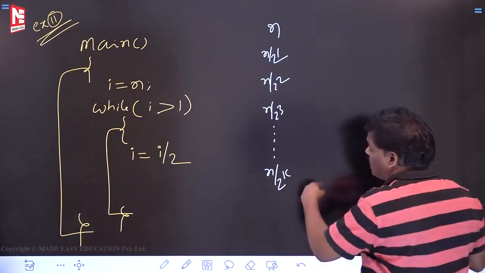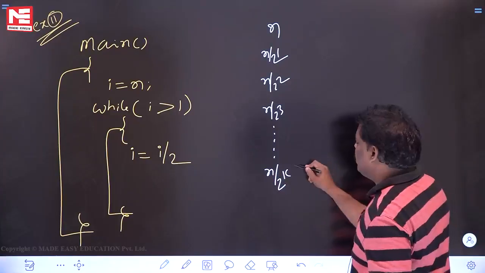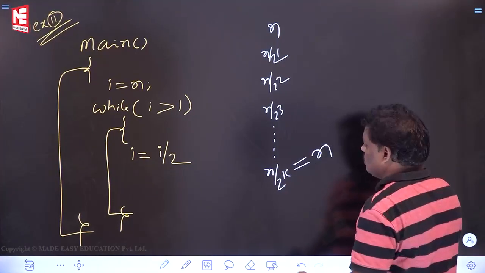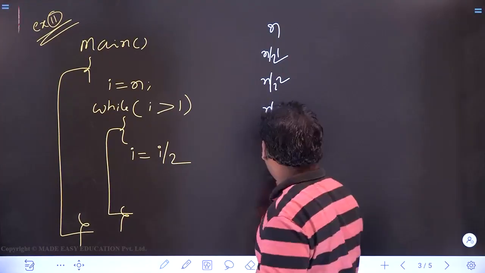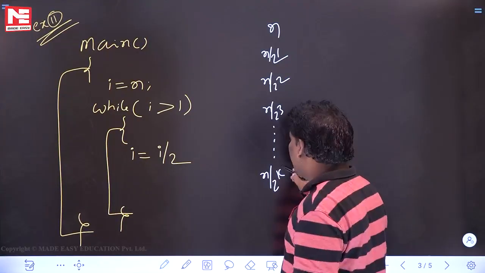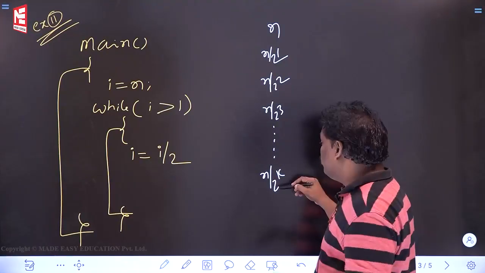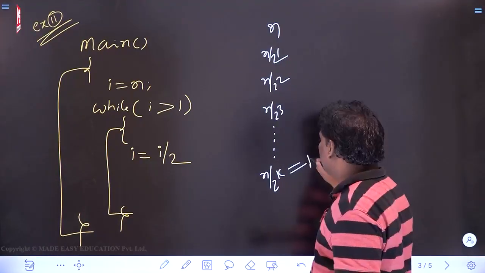Some people are asking, after continuing k times it became n by 2 power k, why did you stop? Because this value becomes 1.